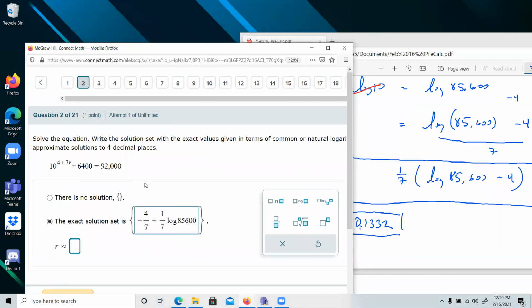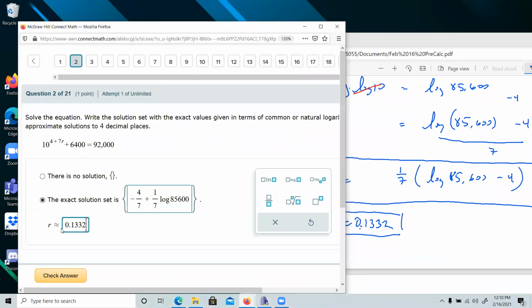So this was 0.1332. Okay, I know we have some medical people in our class, and they get really upset if you don't put that leading 0 in there. So I'm trying to be good-mannered and put that in there for us. And it's not going to like it. Your answer can be simplified. Let's see. What if I do this? I think that is simplified.